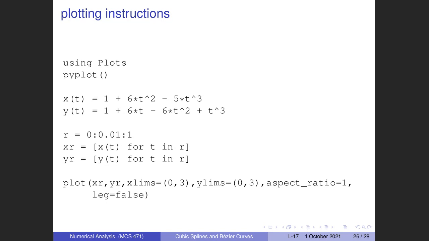The range from 0 to 1 with a step of 100. That makes it look very smooth. And then the plot is being made, turning off the legend. And I want the same spacing, so the aspect ratio is actually important here. Otherwise, the window gets adjusted automatically and you don't see the correct slopes.